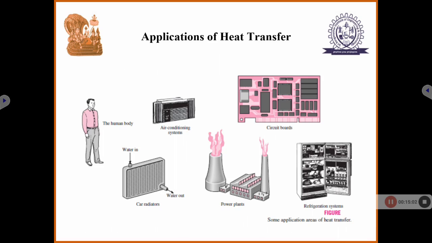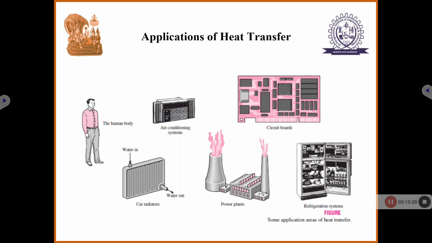Now moving on to the application part of heat transfer. Where is heat transfer not applied? Everywhere, even in our human body. The first is our human body. We are sitting, and we are constantly exchanging and dissipating heat with the environment, and that depends on the activity we do.